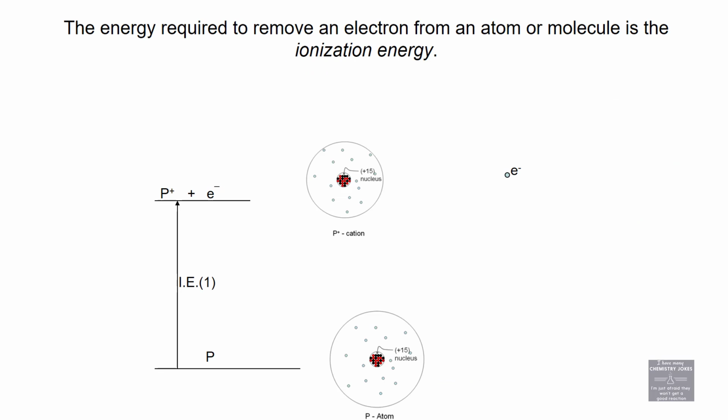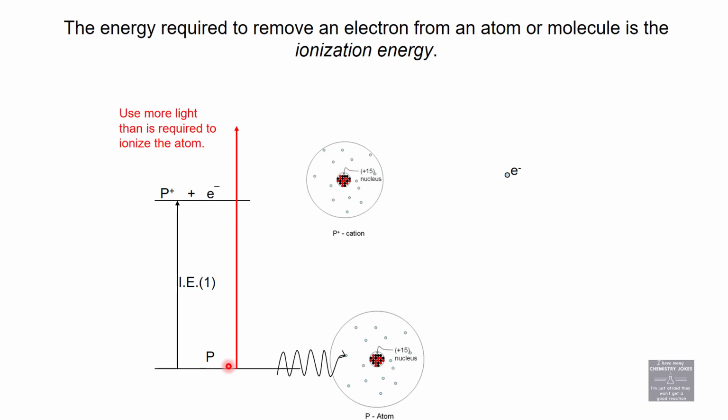Yep. So if we scoot right along in our discussion of energy, we said previously the energy required to remove an electron from an atom or a molecule is known as the ionization energy. We said we can put light energy into a system to rip an electron away from our atoms. So if I put in light energy that's got this much light energy, it's going to get me above the threshold to pull an electron off.